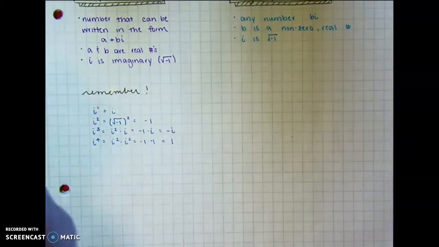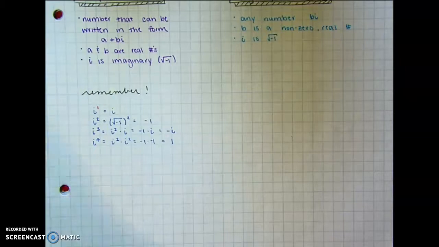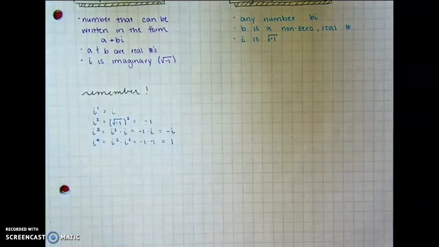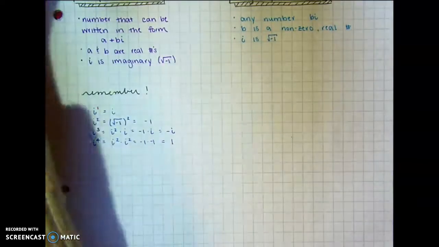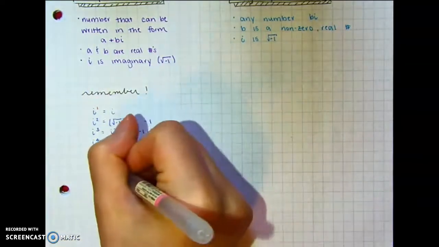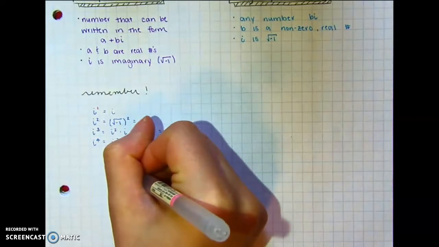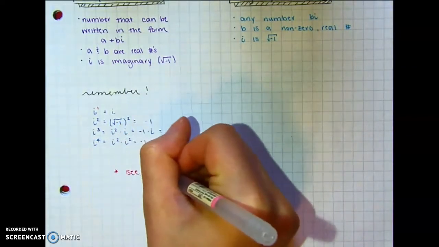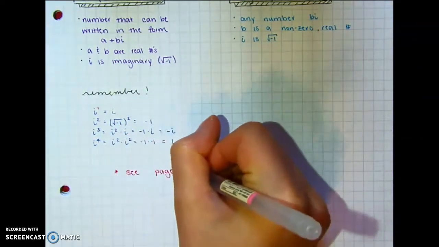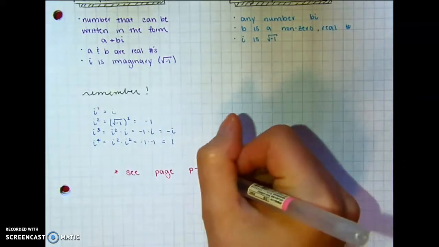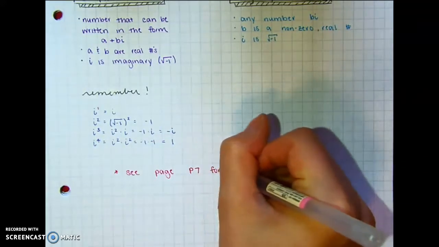So imaginary numbers are going to come up. They come up in solving. You need to understand how operations work with them. Basically everything you need to know is on page P7. So if you go to your book, you can see page P7 for examples.